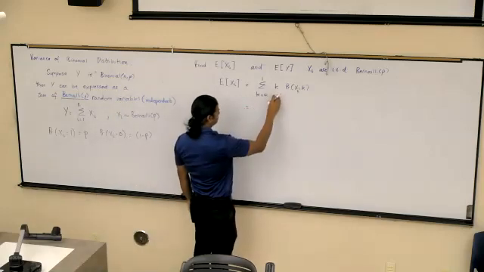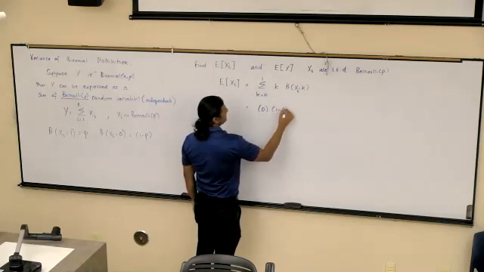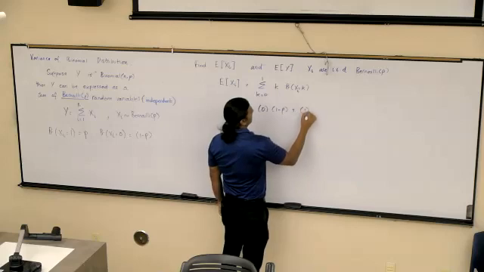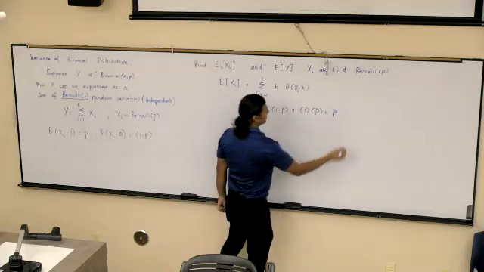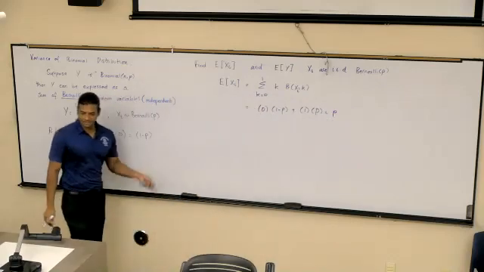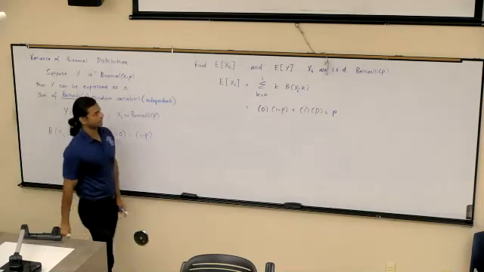So first term 0 multiplied by 1 minus p plus 1 multiplied by p. So 0 plus p, we get p. That is the expected value of a Bernoulli random variable.